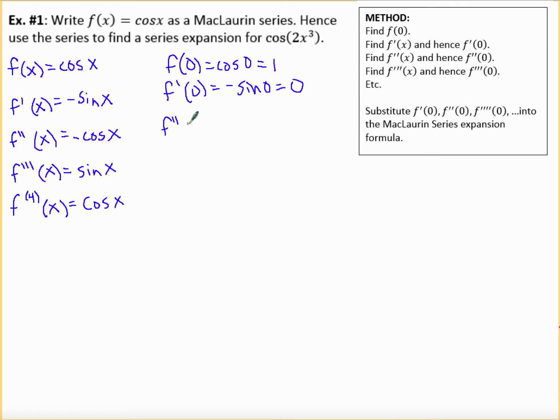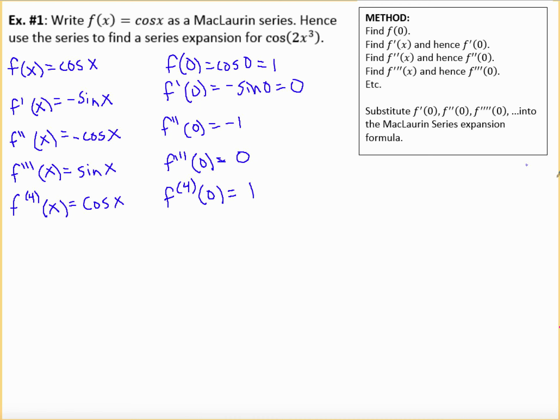F double prime at 0, well, that's just going to give us negative 1, because we know that cosine of 0 is 1, and if it's multiplied by a negative, that's a negative 1. The third derivative at 0, well, that's going to be 0. And then our fourth derivative, that's 0. Oh, good gravy. Why did it do that? That's a cosine at 0. And we're back again at 1. So I feel pretty good. We're back to the repeating part.